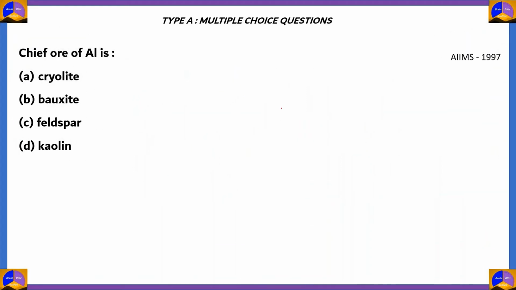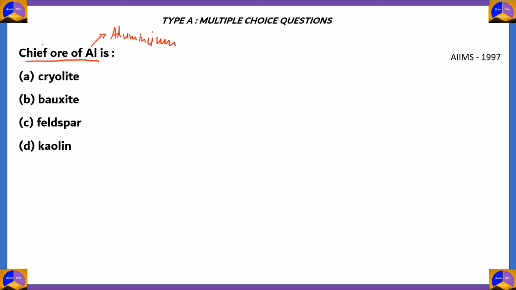Now, let's look at this question. The chief ore of Al, this is short for aluminium, is. So we need to find out which of these acts as the chief ore of aluminium.